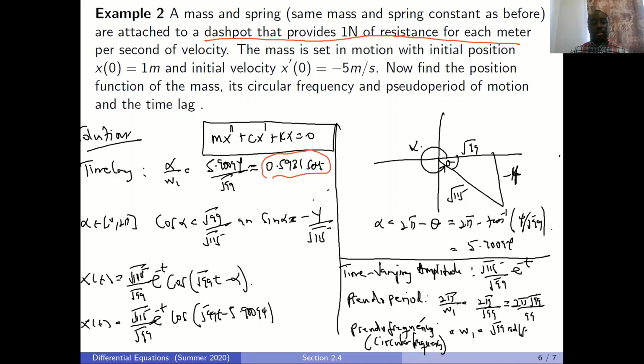So again, the time lag here is not as formal as we would have in the undamped situation, but we would still like to think of it as a time lag, as some kind of shift in the intrinsic trigonometric function, ignoring for a moment the effect of the damping, so the effect of the exponential factor.